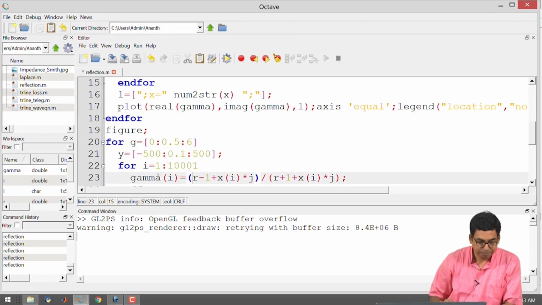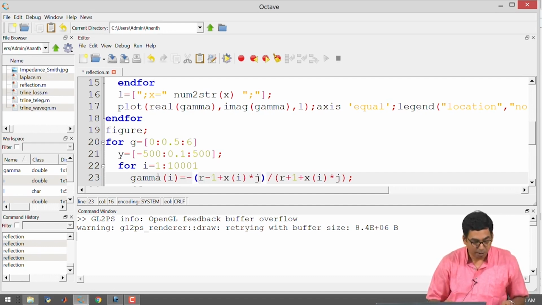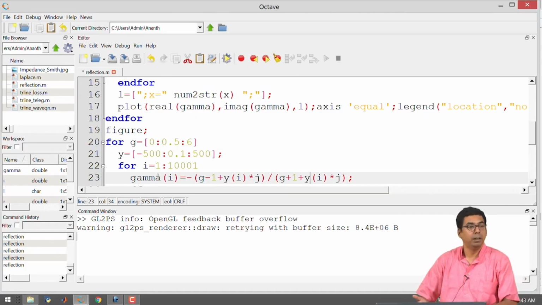Now, the formula that we had was minus of G minus 1 plus Y of I into j divided by G plus 1 plus Y of I into j. This is the formula we had written.